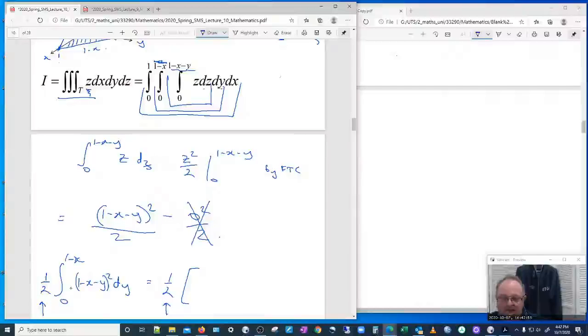So what I want to do here is think about this 1 minus x minus y, and if I multiply that through by minus 1, I get y plus x minus 1.